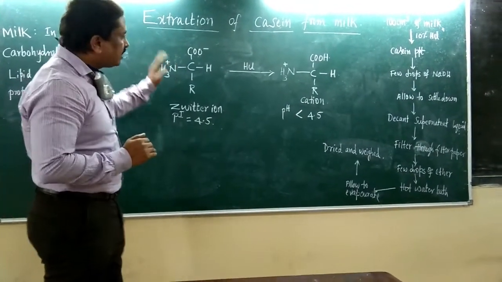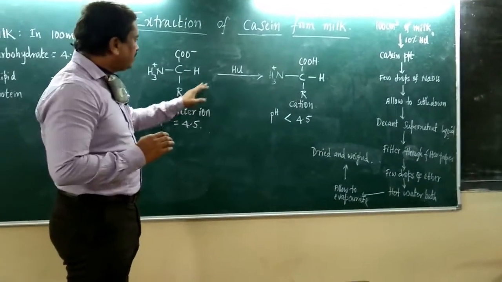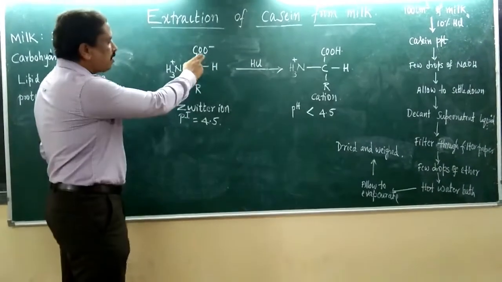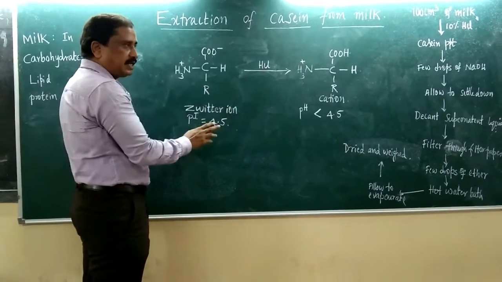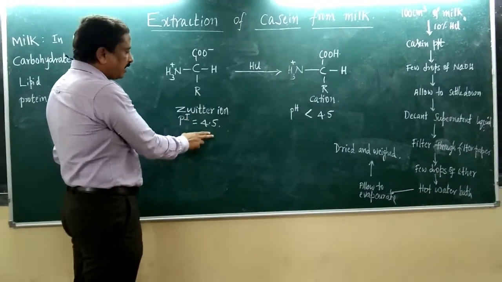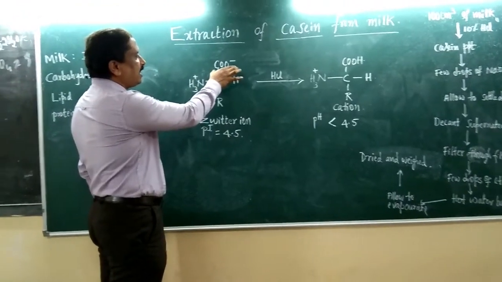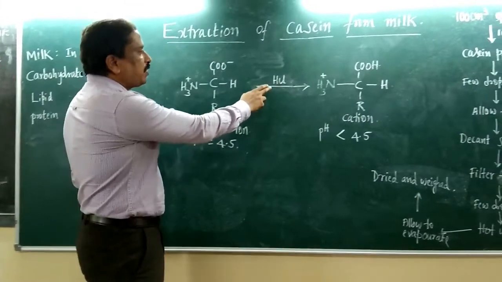For that, let us take HCl. When HCl is added, the proton will be taken by the COO group of the zwitterion, the amino acids present in the casein at isoelectric pH as zwitterion, because they contain both cation and anion charge. When we add acid, it is a proton donor.